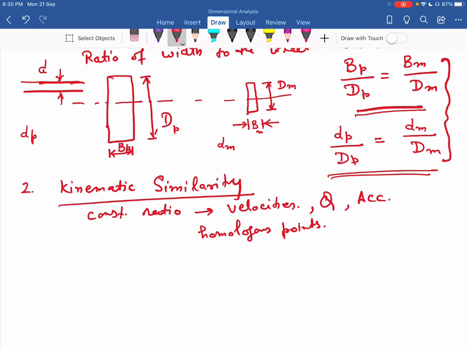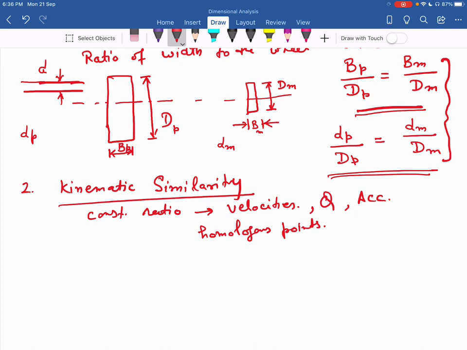Now, the direction of motion should also be the same in the model as well as in the prototype. When we draw the velocity triangles in case of turbines and pumps, different velocities have different angles, which gives us the direction of motion of water. Those directions we also keep constant for kinematic similarity.